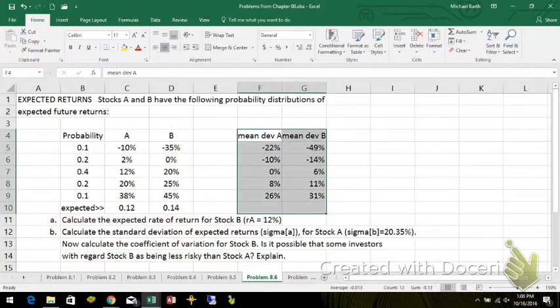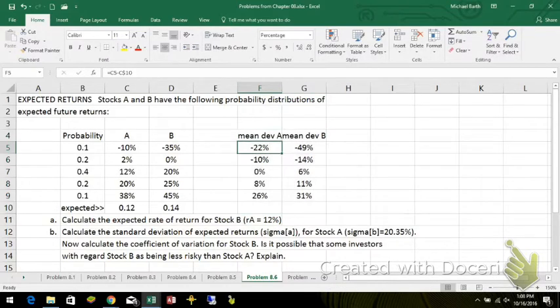Alright, so the first step in mechanically calculating the standard deviation is to calculate what the deviation is, and that simply takes this number minus the average, this number minus the average, and then plots those down through here.